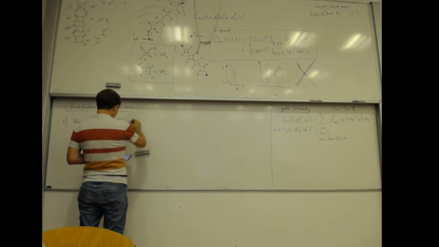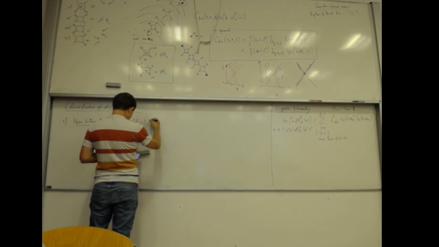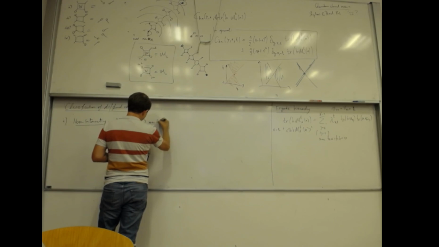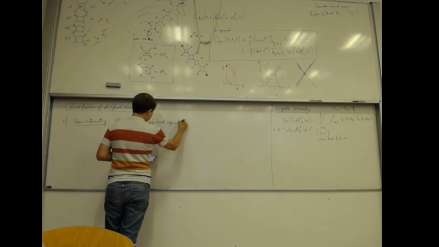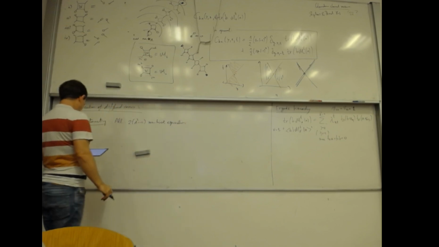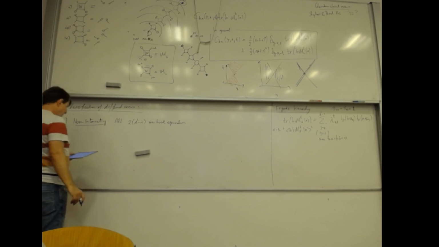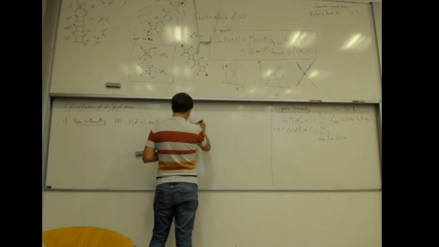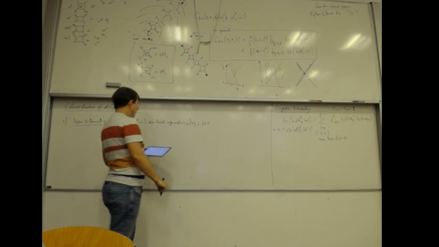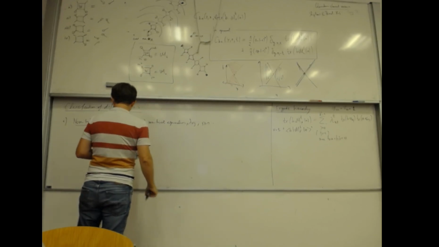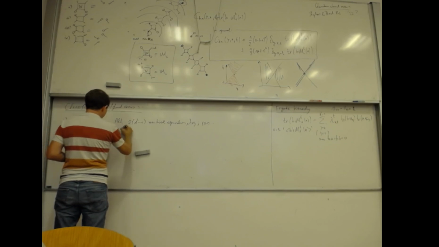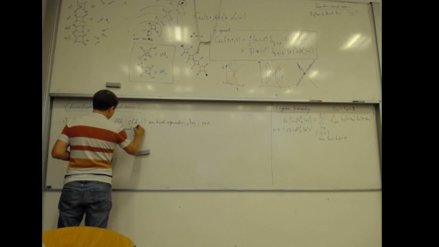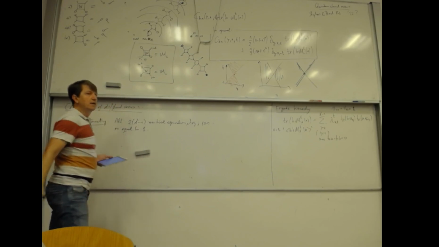So all 2 times d squared minus 1 non-trivial eigenvalues, which are larger or equal to 1, are equal to 1.